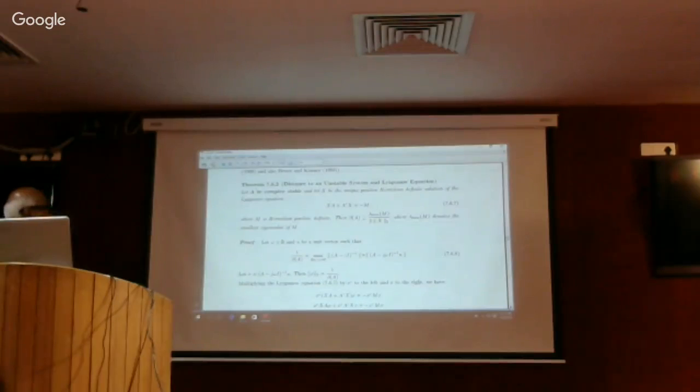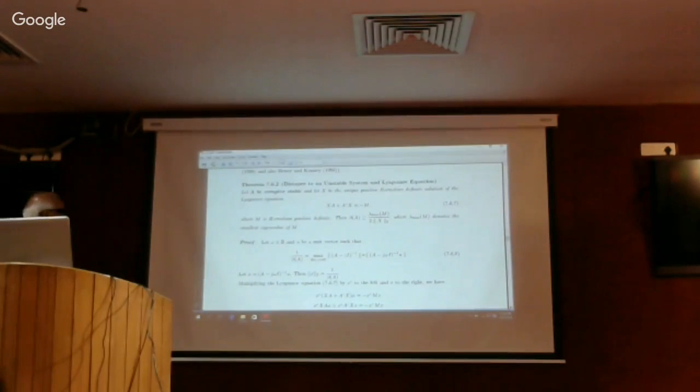Suppose A is a complex stable matrix, and let X be the unique positive Hermitian definite solution of the Lyapunov matrix equation, where M is a Hermitian positive definite matrix. So we are talking about complex numbers.